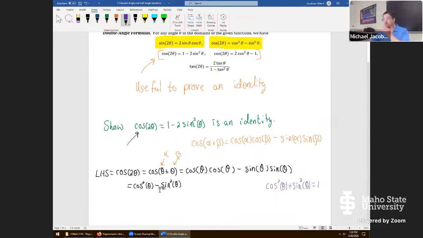So we need to get two of these all together. And we also need to eliminate that cosine squared theta all at the same time. So yeah, there's a lot to do on this thing so far.